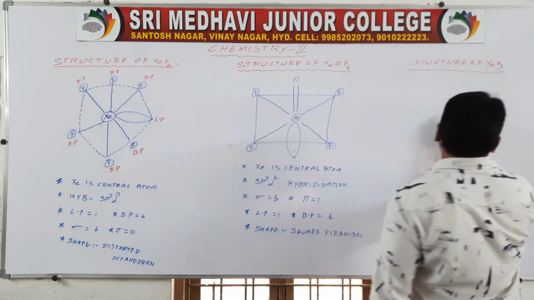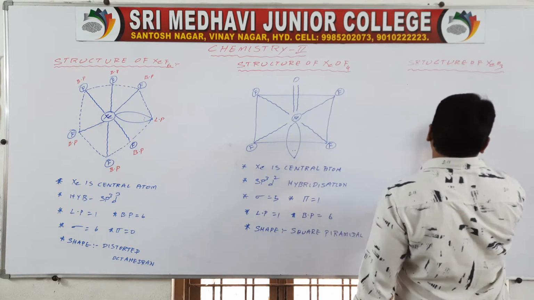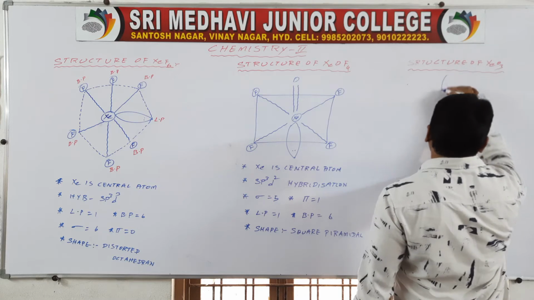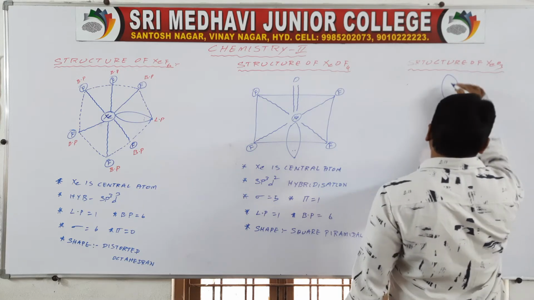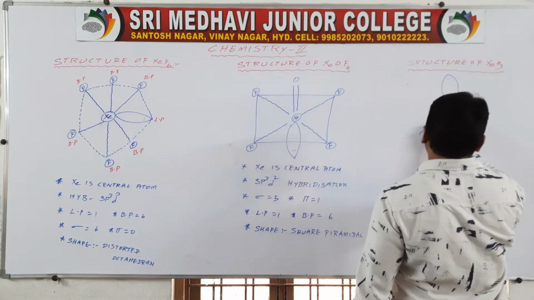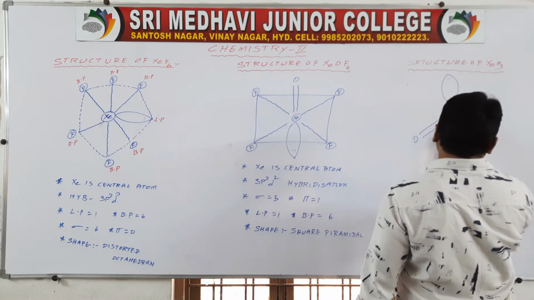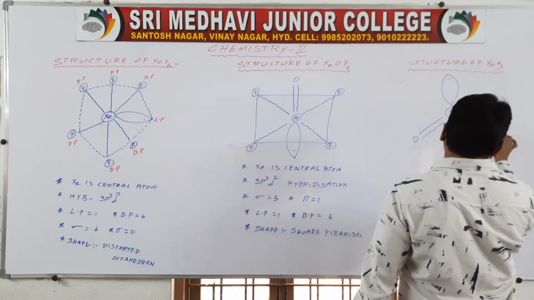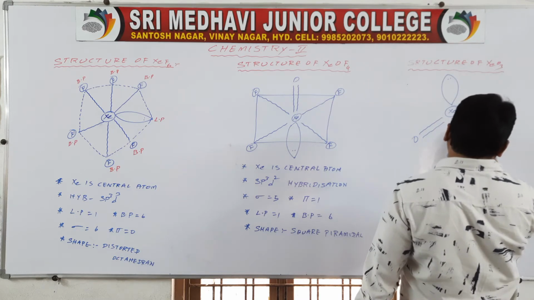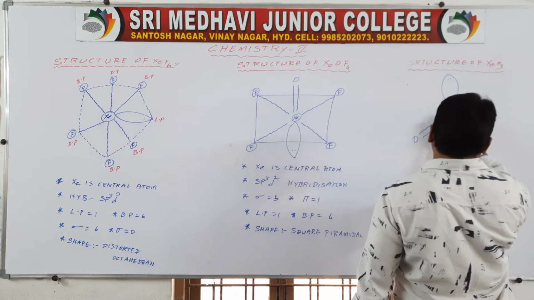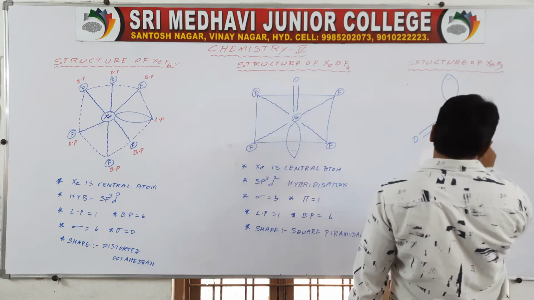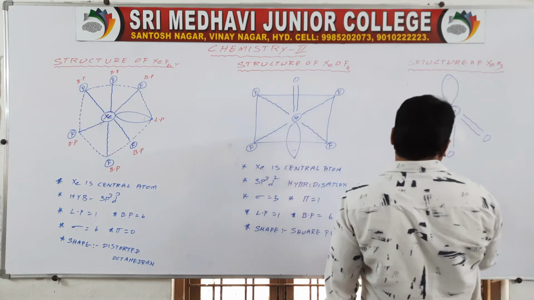So here xenon is the central atom which has a lone pair, then it is a double bond, and it is a double bond. Okay, so here like this.